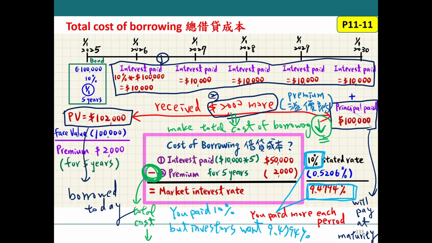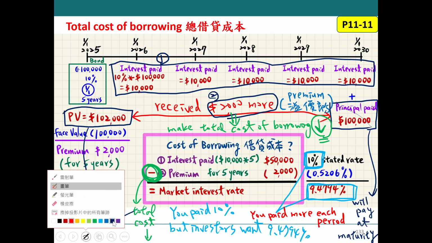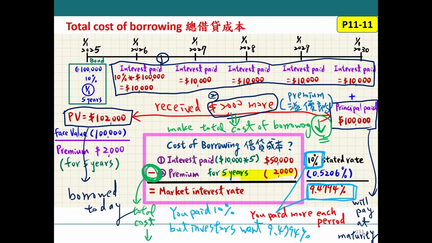That's why at the beginning you got $2,000 more, to compensate. You pay more for each period, so you received $2,000 more at the beginning.